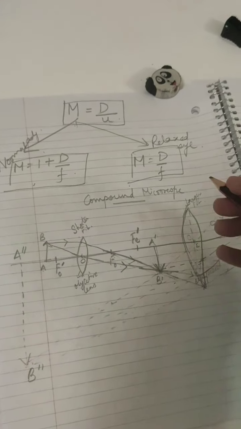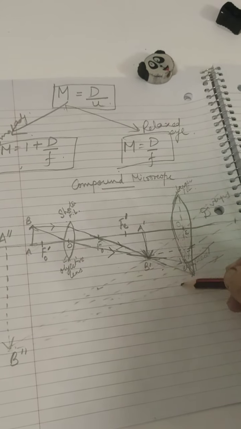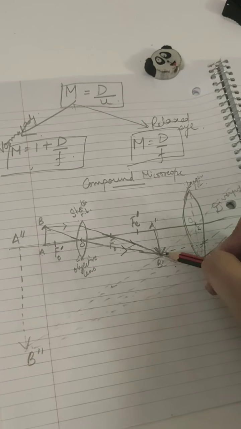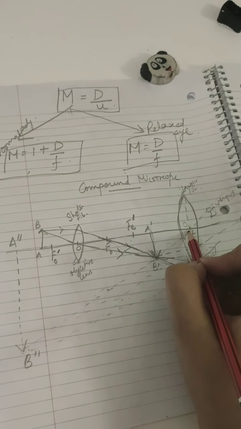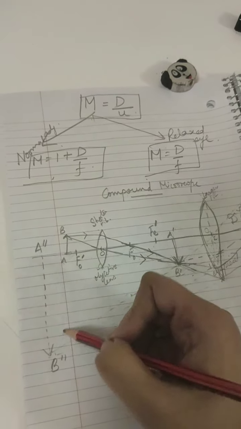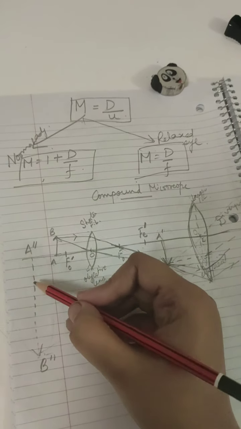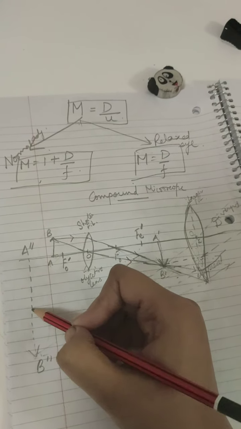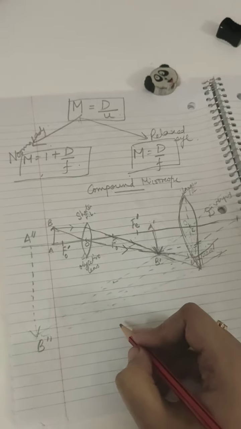So now, have you seen that this eyepiece is behaving like a simple microscope, where the virtual object is between the first focus and the optical center of the eyepiece, and the image formed of this virtual object is erect and magnified, isn't it, and virtual? Okay.